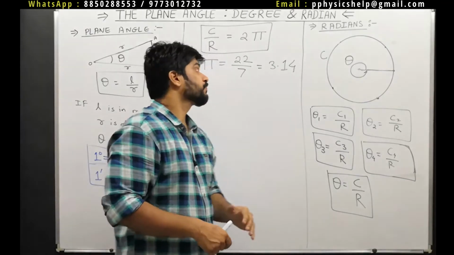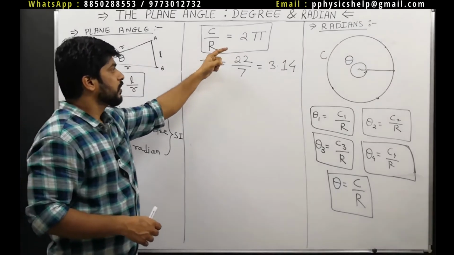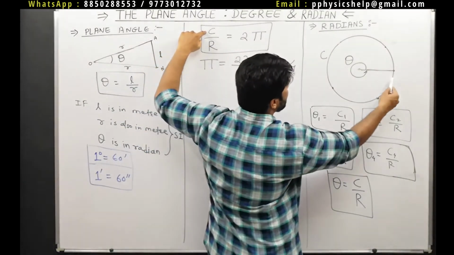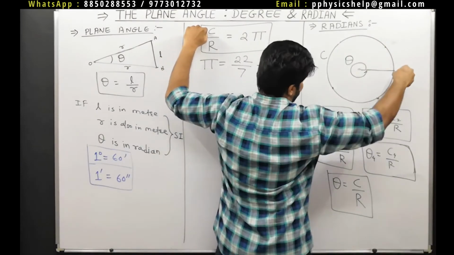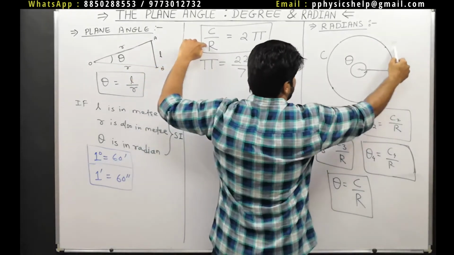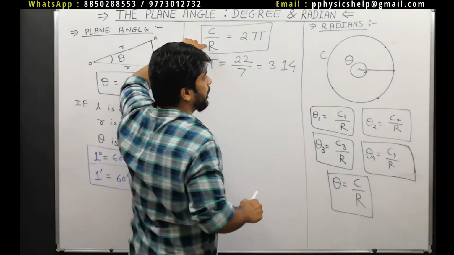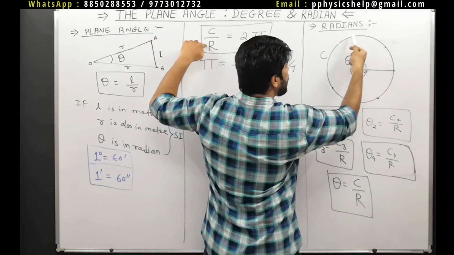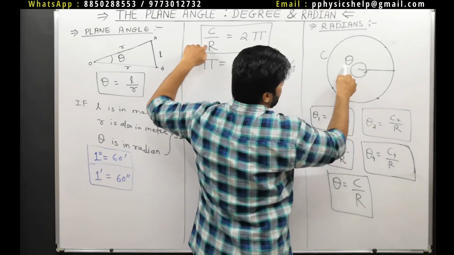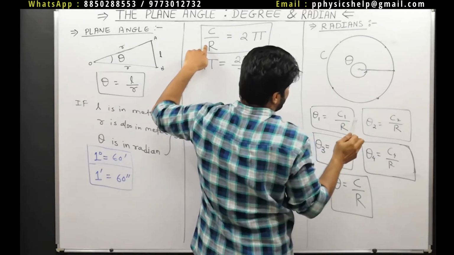Okay, so now let's analyze this equation carefully. C is the circumference, or in a way I can say the total arc length of the circle. R is the radius, and we can see here this total arc length is subtending an angle of theta with the center, isn't it?